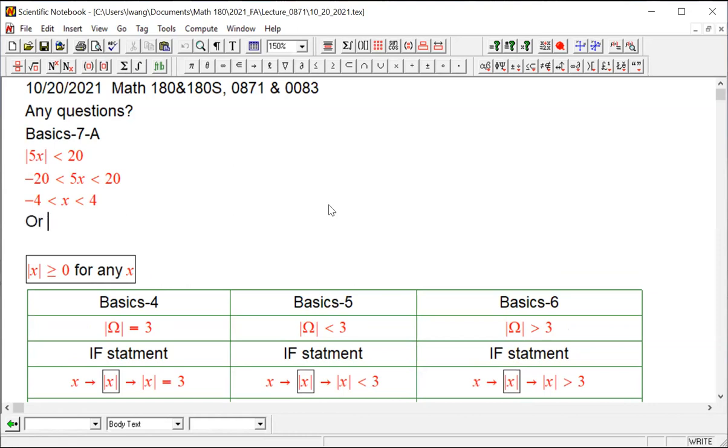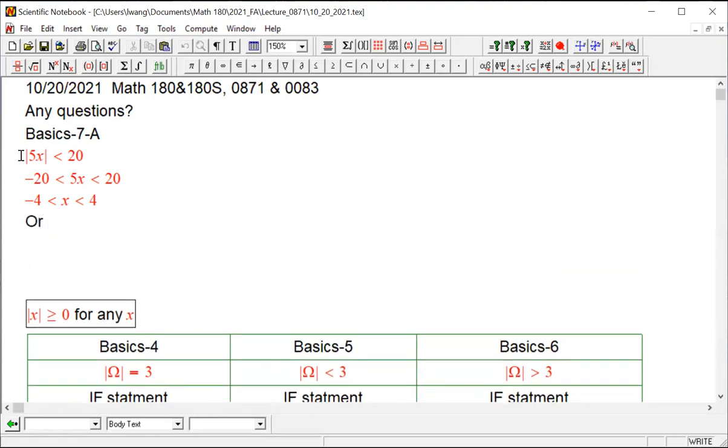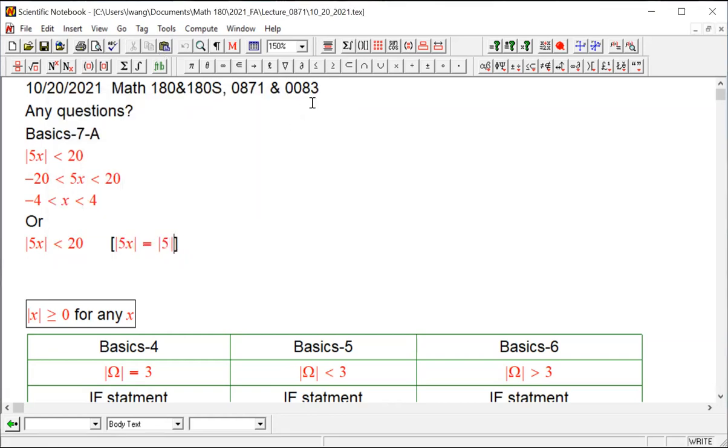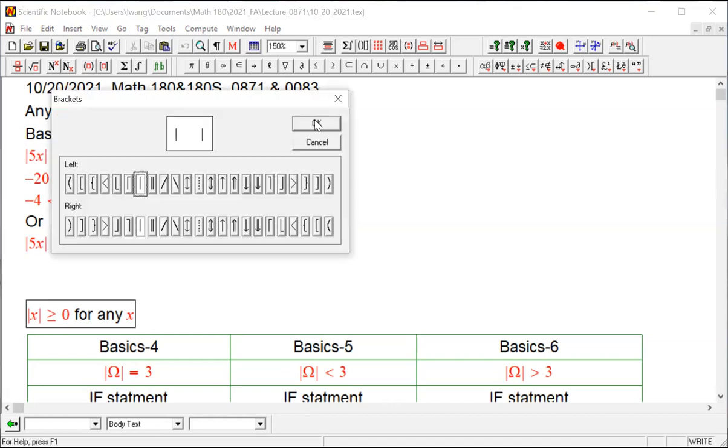Or you can also do it this way. You could do it by taking out the 5, because the absolute value of 5x is the same as the absolute value of 5 multiplied by the absolute value of x.